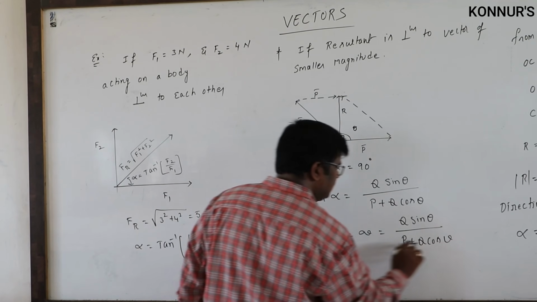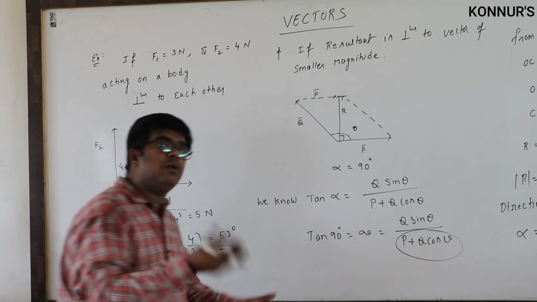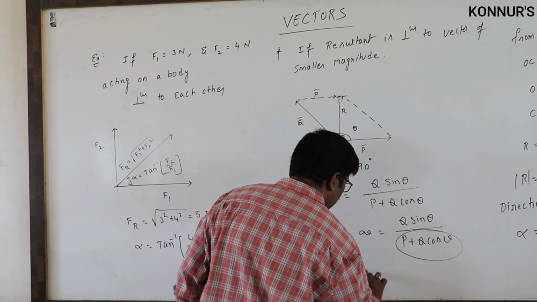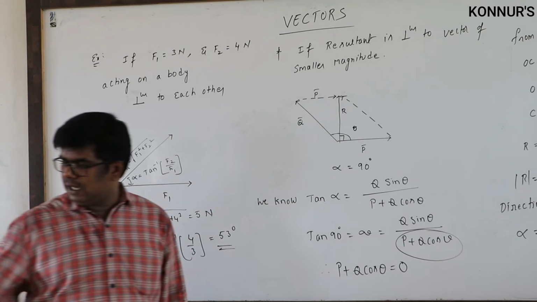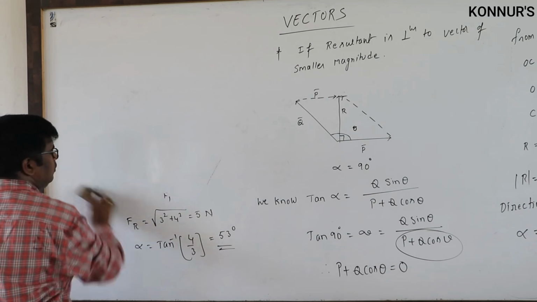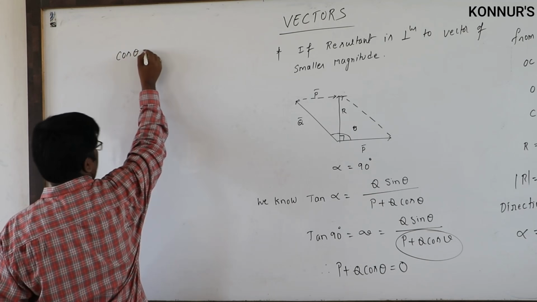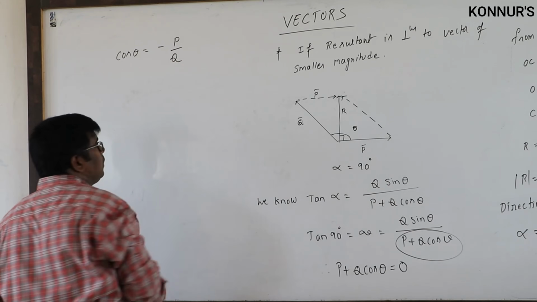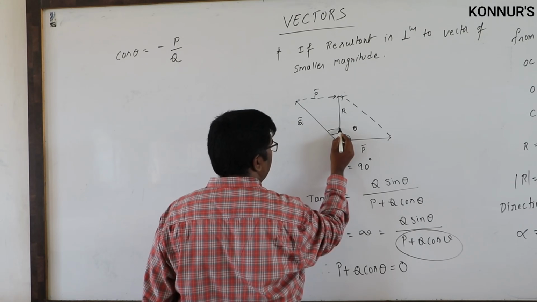Infinity in the sense that this denominator, p plus q cos theta, is equal to 0. Therefore, p plus q cos theta equals 0. Then we can write cos theta equal to minus p by q.